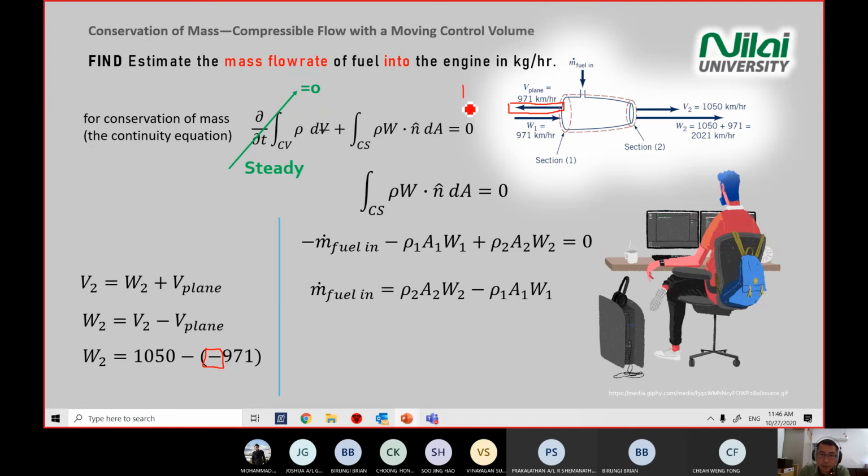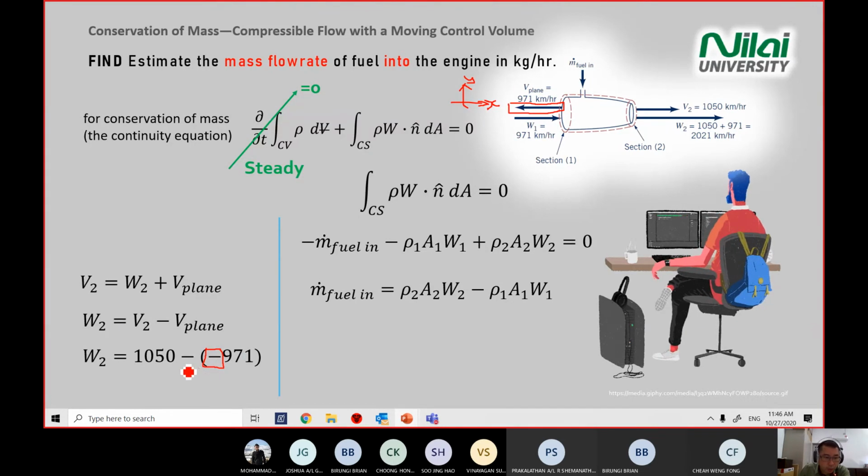So again, focus on the reference axis, x and y. Whatever goes to the right is positive. The velocity of the plane is going to the left hand side, so it's negative. Then you put it into the mathematical calculation, and negative becomes positive. This happens automatically when you do the calculation.